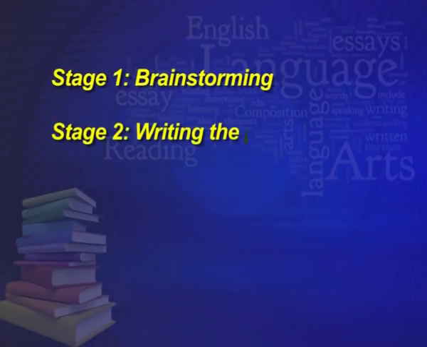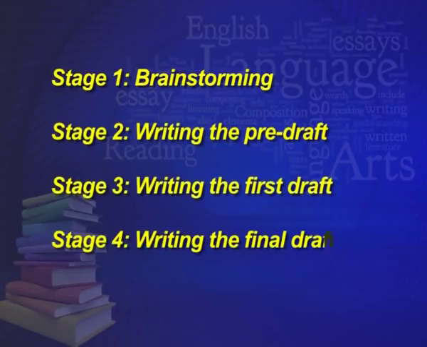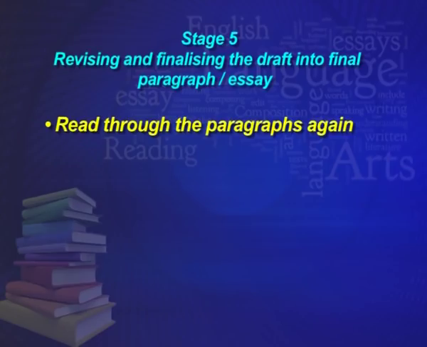You brainstormed, jotted down the points, you have written complete sentences and improved upon them. There are 4 stages you have come across. Now, revision and finalizing the draft into the final paragraph or essay. Read through the paragraph again, more than once. If you want to make changes, you can do it very well now.